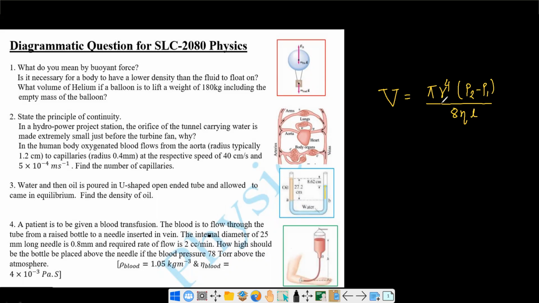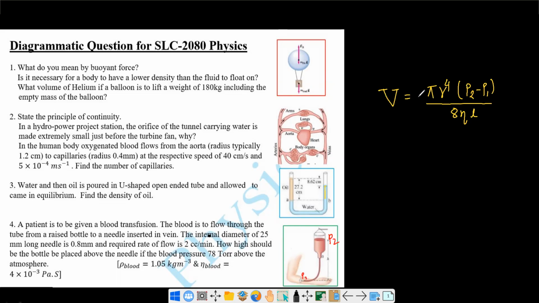Now P1 and P2 are known. P2 is going to be the pressure over here. Let me write it in color so that it is properly visible. So this is your P2, and this is the pressure in here, P1.